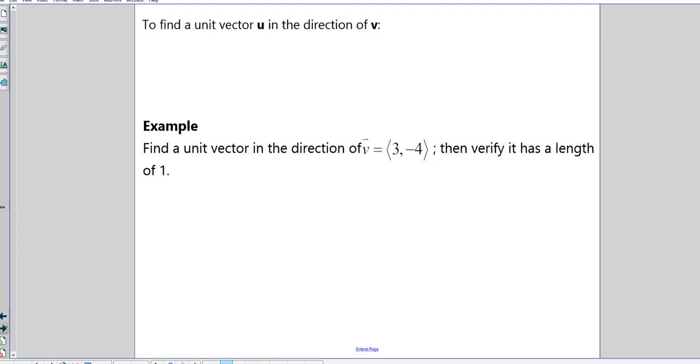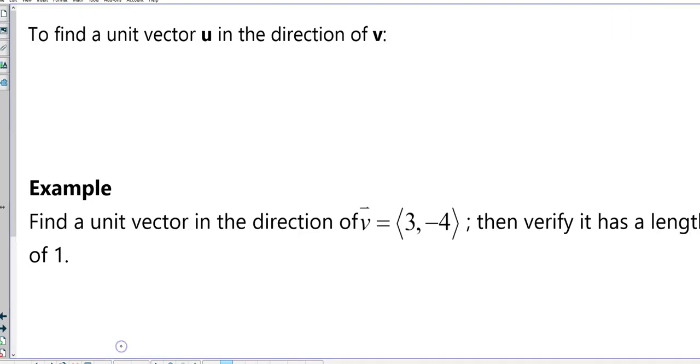It says find a unit vector. What does that mean again? Length of 1, great. In the direction of v. So our strategy will be to find the magnitude, and then take v and divide by that number, which is what you just told me. So divide by 5 or multiply by 1/5, either way.